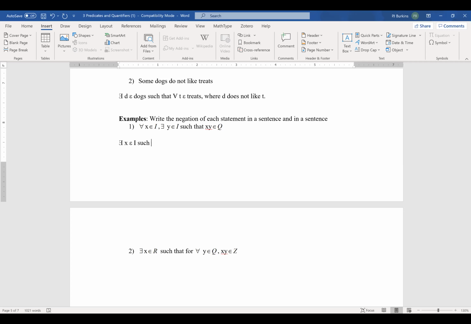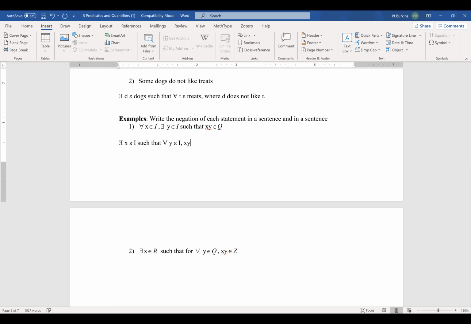So just the negation so far is there exists X that is an irrational number such that, right, we always need that following the existential statement. Then it's for all, right, because this existential right here has to become for all Y that is an element of irrationals.